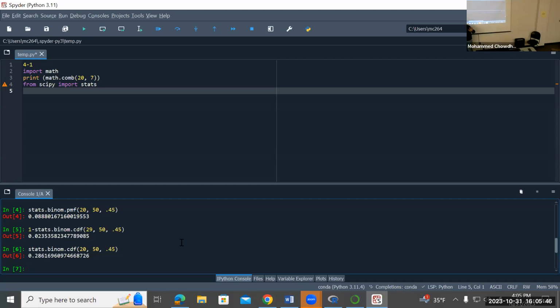Clear, right? You can write it down. 1 minus at most equal to at least. And this is the at most one. CDF means at most one, and 1 minus at most equal to at least.